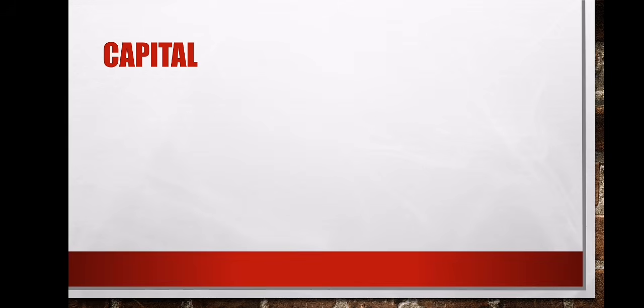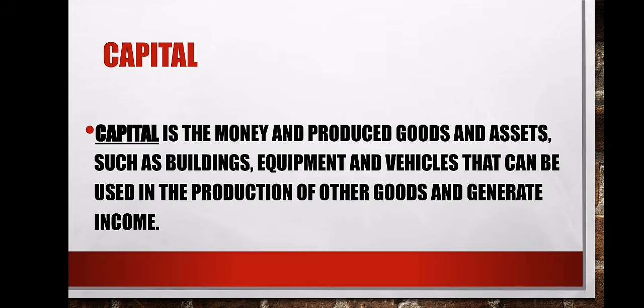When we look at capital, we say capital is the money and produced goods and assets, for example, such as buildings, equipment, and vehicles that can be used in the production process of other goods and create income. So we say it is the money and produced goods and assets such as buildings, equipment, vehicles that can be used in the production of other goods, and we also use it to generate or to create what?